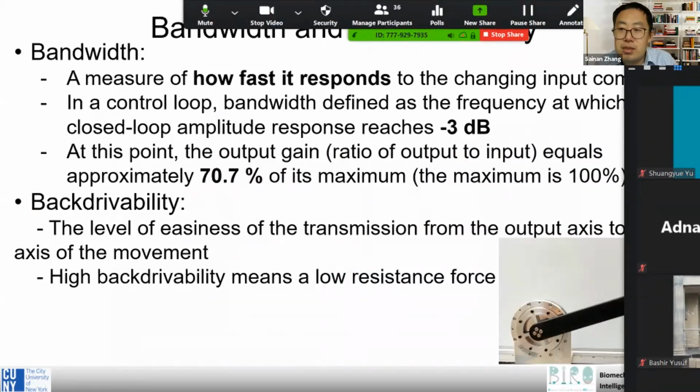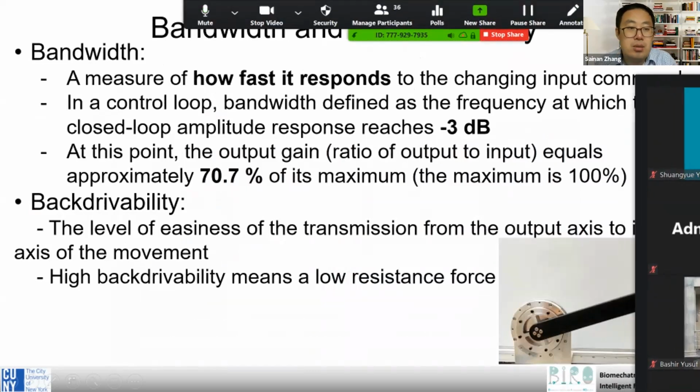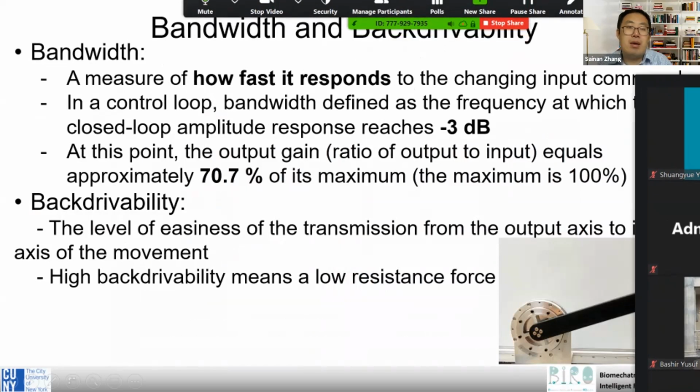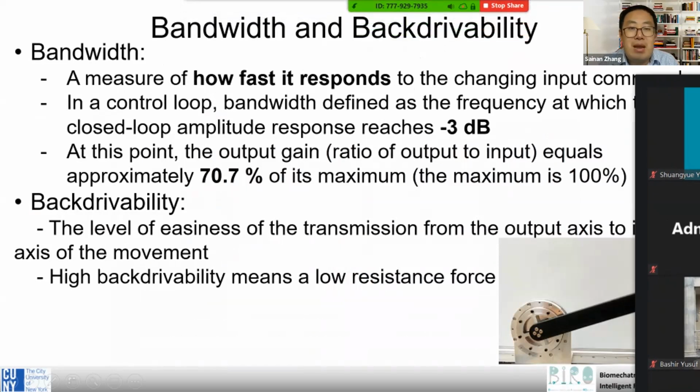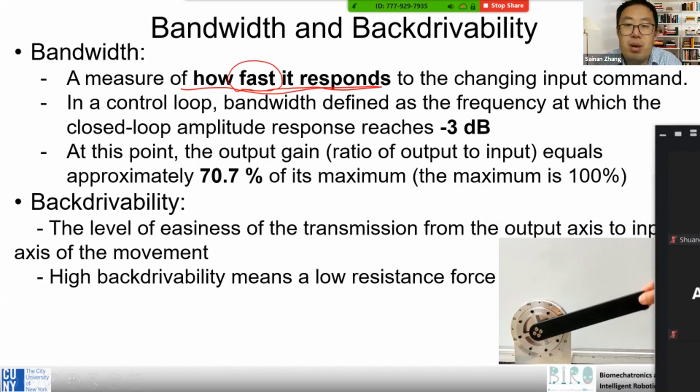And from this, let me see. Yesterday I emailed you about what bandwidth is. It quantifies the response speed, how fast the system can respond to a changing reference input command. Typically, we give an input that is a sine signal, sine theta, and this is our force.